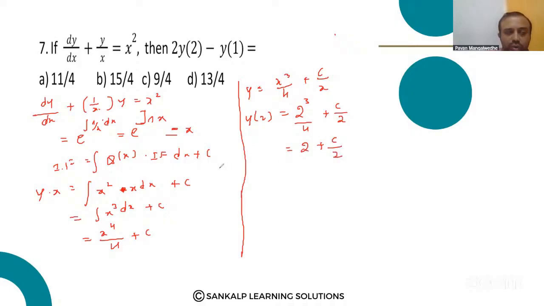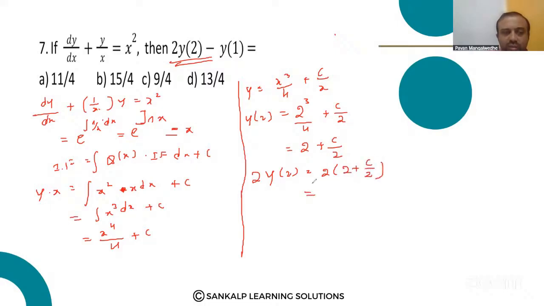So just substitute 2 into y of 2 because we require the expression in this way. That is 2 into y of 2, which will be 2 plus c by 2.